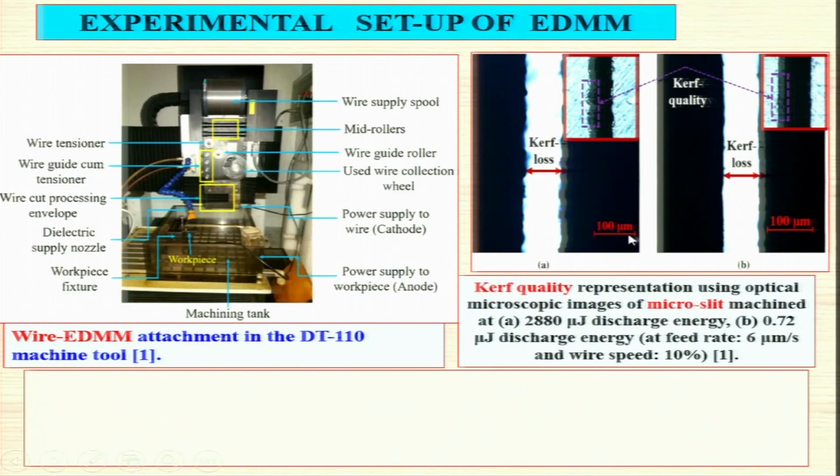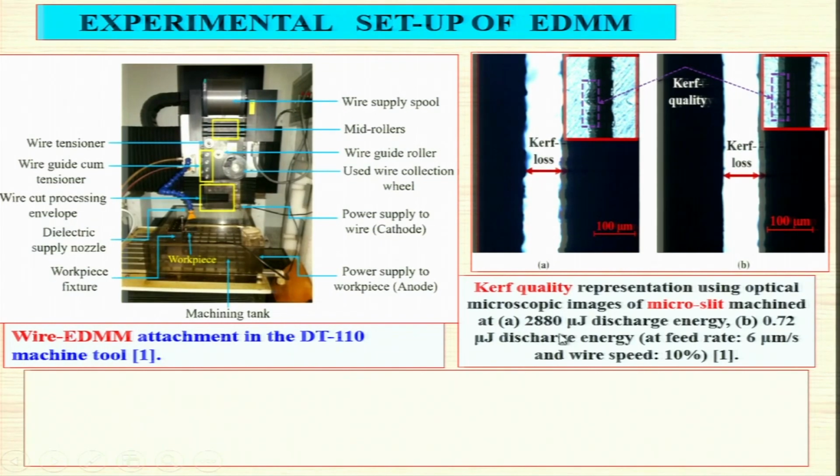And this is the scale of 100 micrometer, so you can see this is around 100 micrometer width of the kerf. This is another one, kerf loss, and you can see this is the enlarged view of this part that is shown over here, and this is the scale. So kerf quality representation using optical microscope images of microfillet. This is known as microfillet.